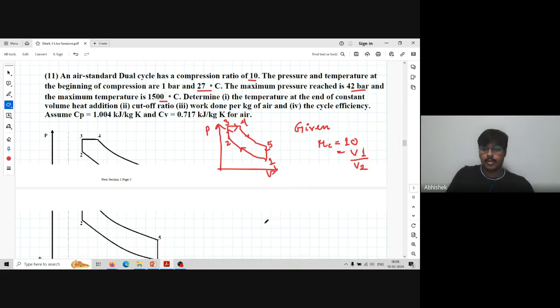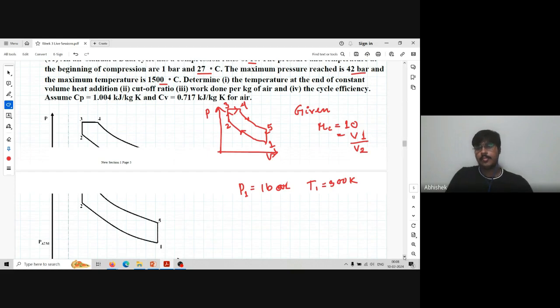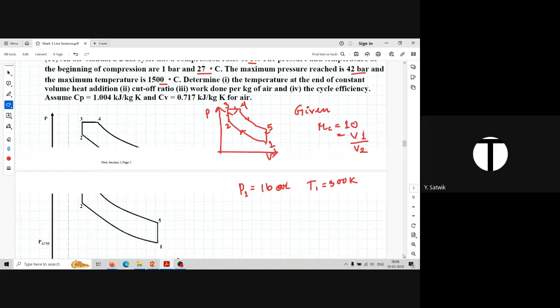Then the next line: the pressure and the temperature at the beginning of the compression. So P1 is 1 bar, T1 is 300 Kelvin. The maximum pressure, where is the maximum pressure reached? Just tell me from the graph. 3.